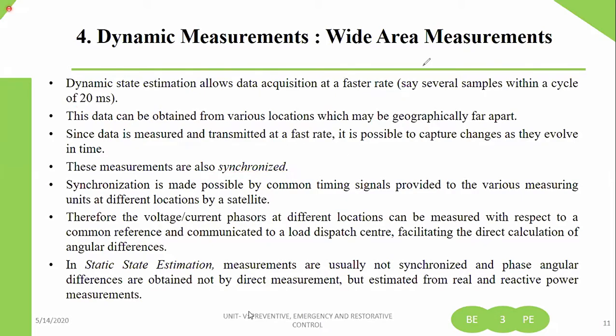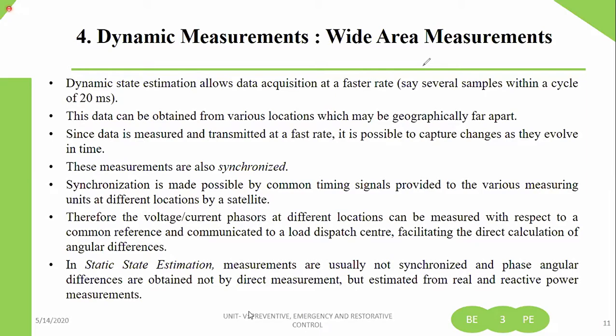So here we will be using a satellite. It's almost becoming like a space technology, which will measure all the data, even the angles del 1 and del 2 individually, and then we can estimate the power system state.